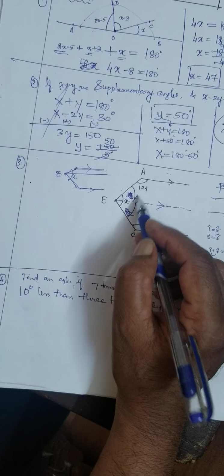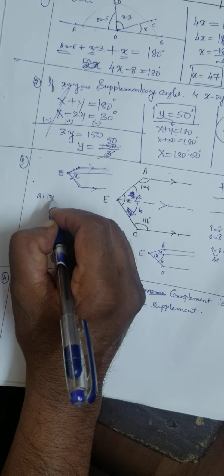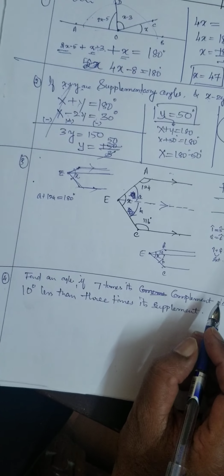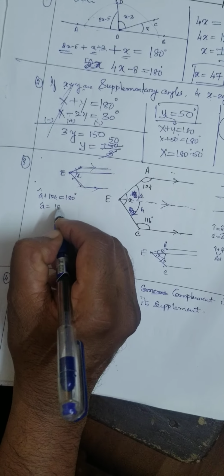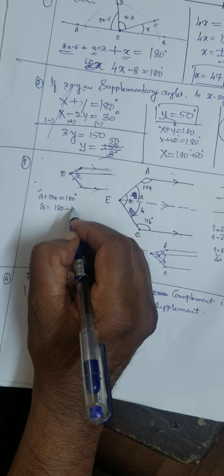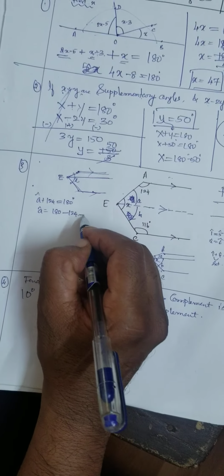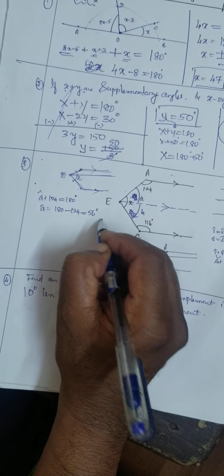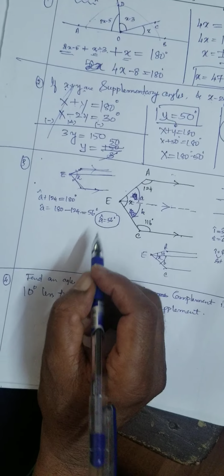Therefore, these two, angle A plus 124 equal to 180, right? Therefore, angle A equal to 180 minus 124, that is 56 degrees.